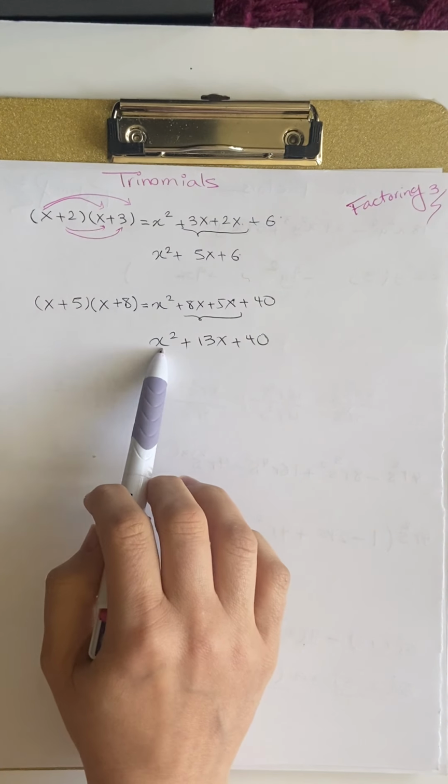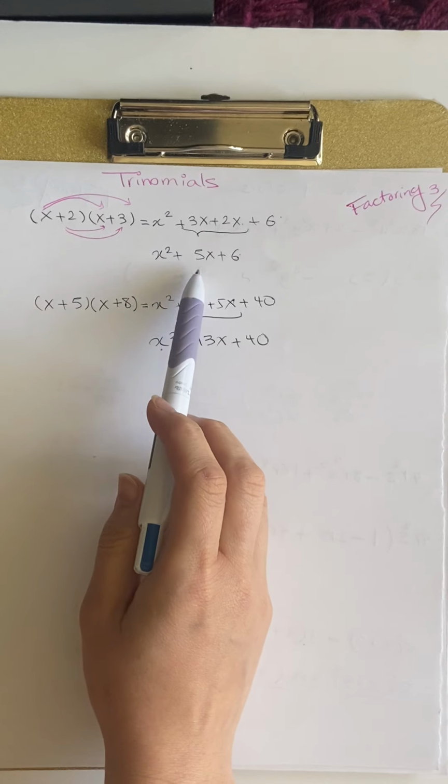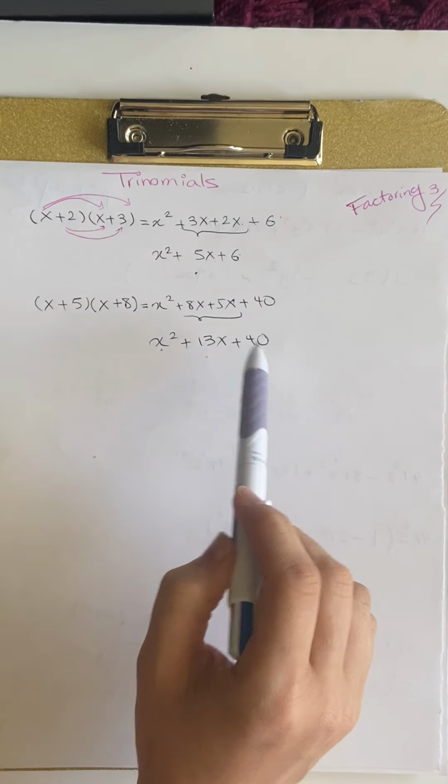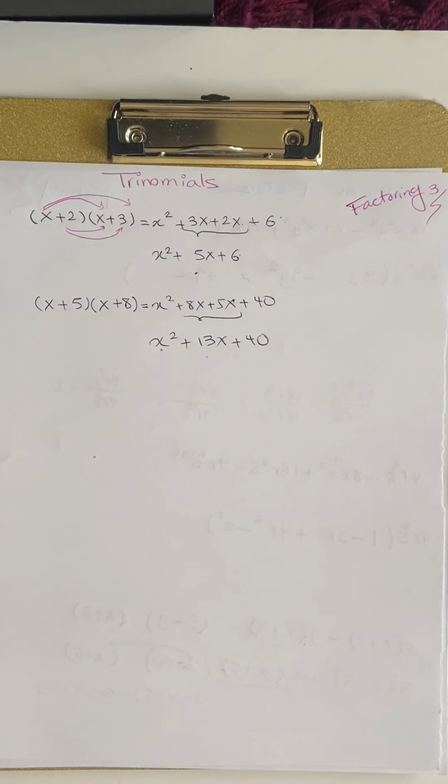They start with x², they have an element of x with a coefficient, and they have a constant at the end. Now, let's try to find a relationship between these numbers.